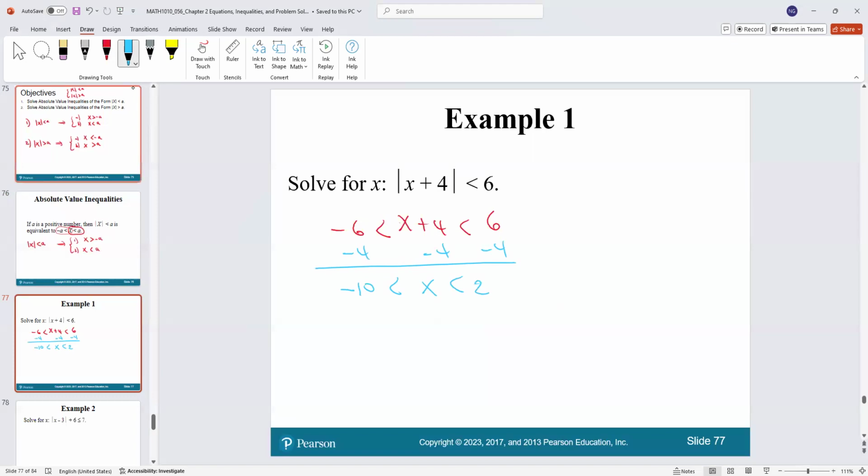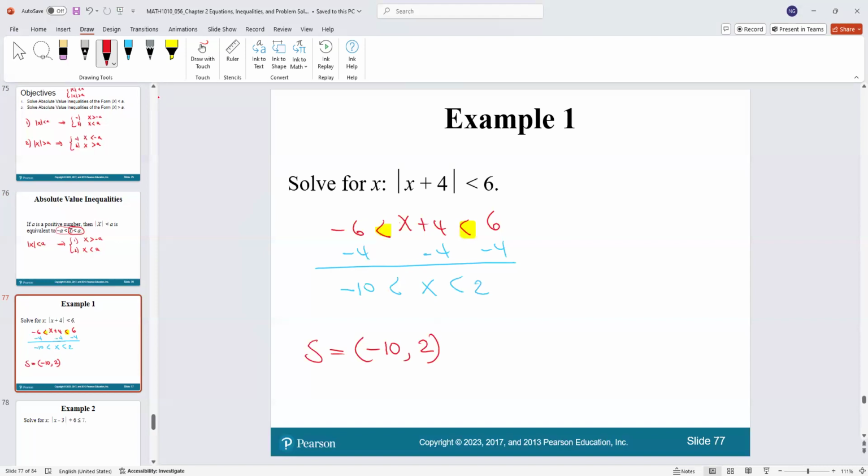Because the inequality symbol is strictly less than or greater than, the solution would be the interval from negative 10 to 2. Remember, when you solve inequalities, pay attention to the symbols we use, because here I put parentheses. Parentheses mean strictly less than or strictly greater than. It's not a set of solutions like for x's when we just solve absolute value equations.